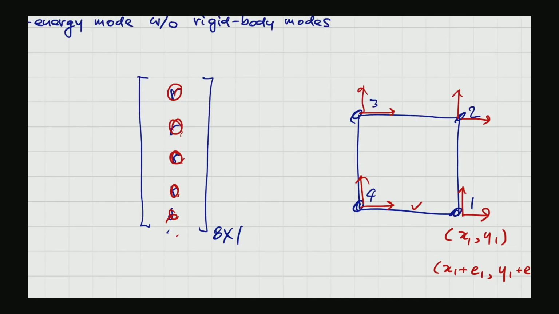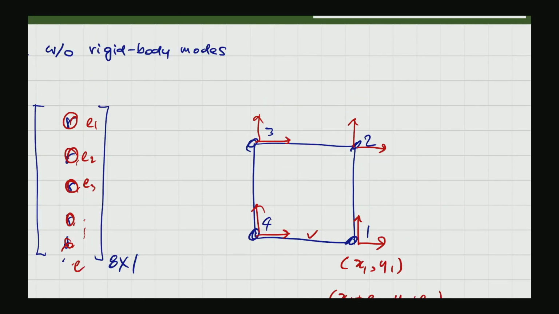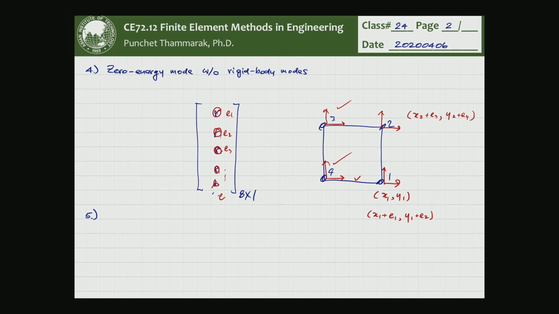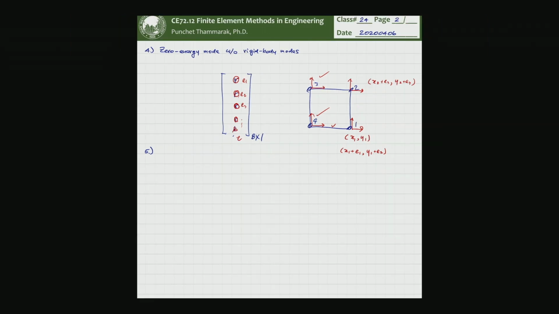If I call this one e1, e2, e3 all the way to e whatever, then this one turns out to be x2 plus e3, and then y2 plus e4, and so on and so forth for other nodes. So you get the new coordinates of your nodal points.